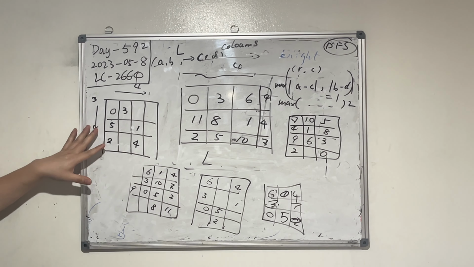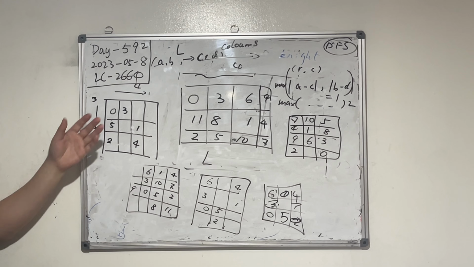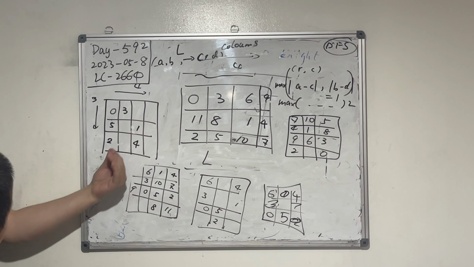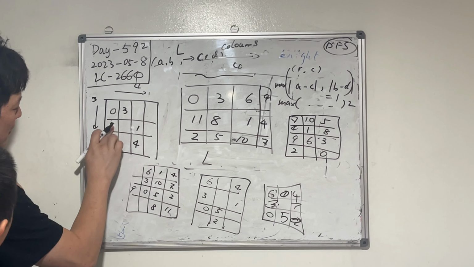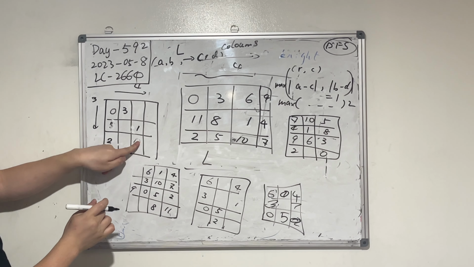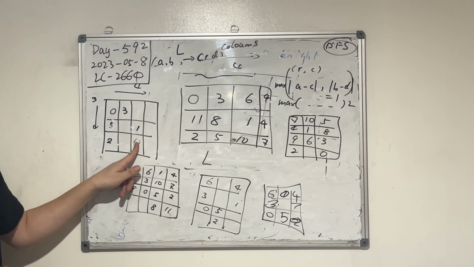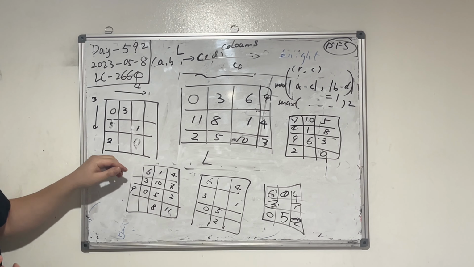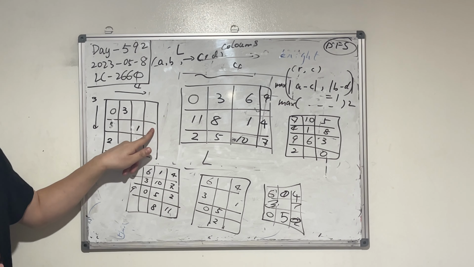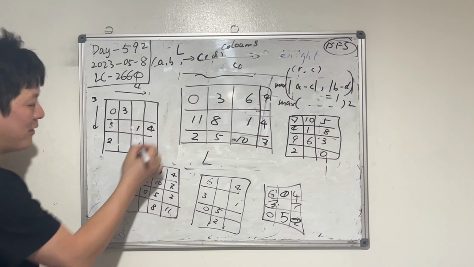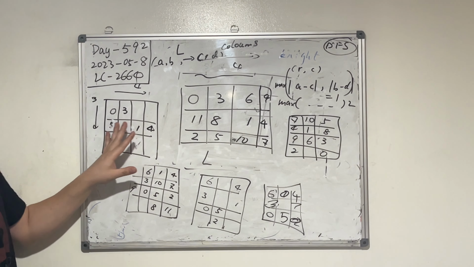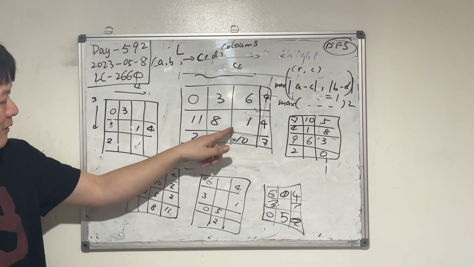Okay? If not, I can just retract and try another position, right? So for example, I'm filling this 4, but it turns out if I put the 4 here, I don't find a solution. What does it mean? It means that I can't put a 4 here, so I try putting a 4 here. I put a 4 here and I found a solution somehow. Make sense?